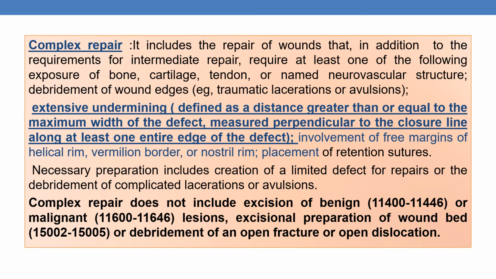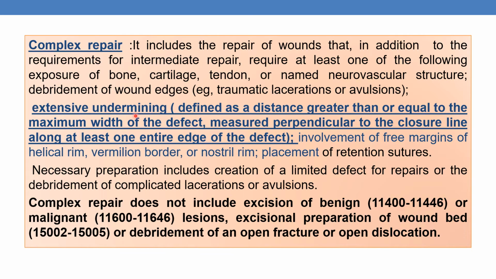Now coming to complex repair. It includes the repair of wounds that, in addition to the requirements for intermediate repair, require at least one of the following. In order to code complex repair, one of the following must be there, in addition to the requirements of intermediate repair. They are exposure of bone, cartilage, tendon or named neurovascular structure, debridement of wound edges, for example traumatic lacerations or avulsions. In any of these cases, you can code complex repair.